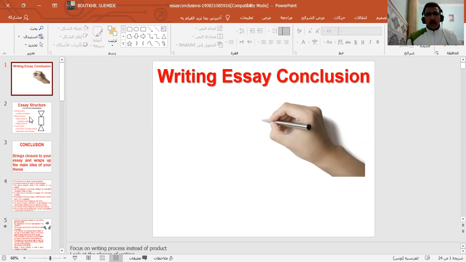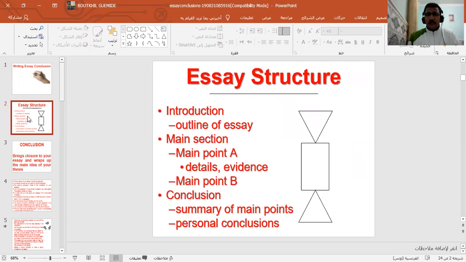All right. Just to review the format of the essay. Your essay always takes this structure or shape, in which there is an introductory paragraph where you outline the main point of your essay and what ideas you're going to discuss.